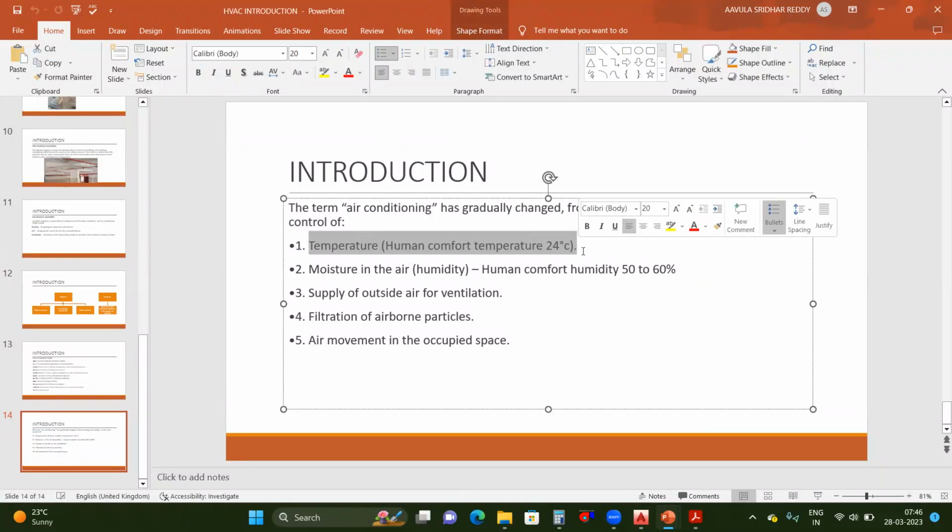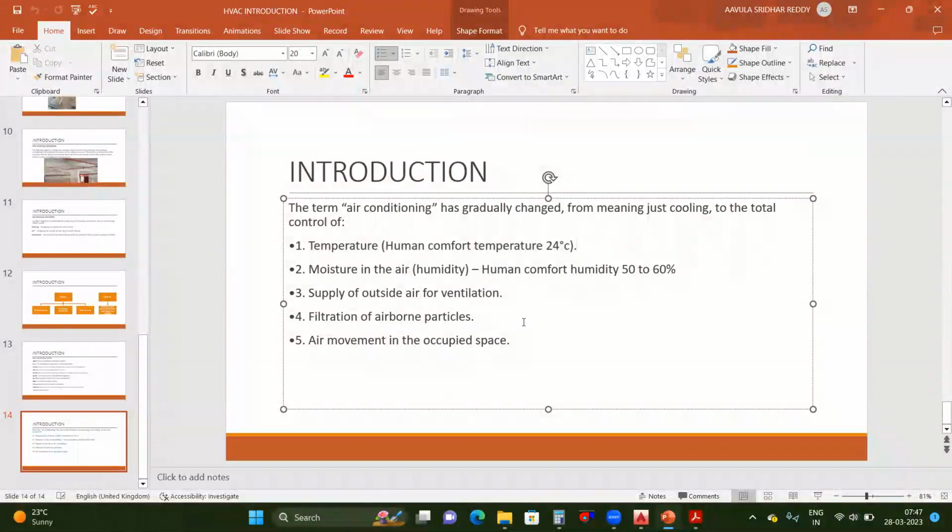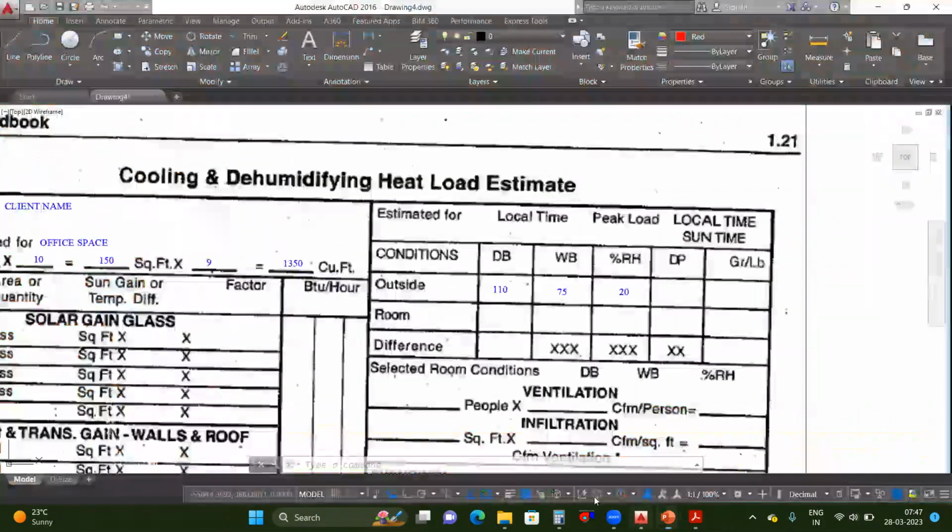What is required in office space? Only the human comfort temperature, so I can take it as 24 degrees centigrade. And for moisture in the air, humidity, it is mentioned that 50 to 60% is human comfort humidity. So we'll take the same.